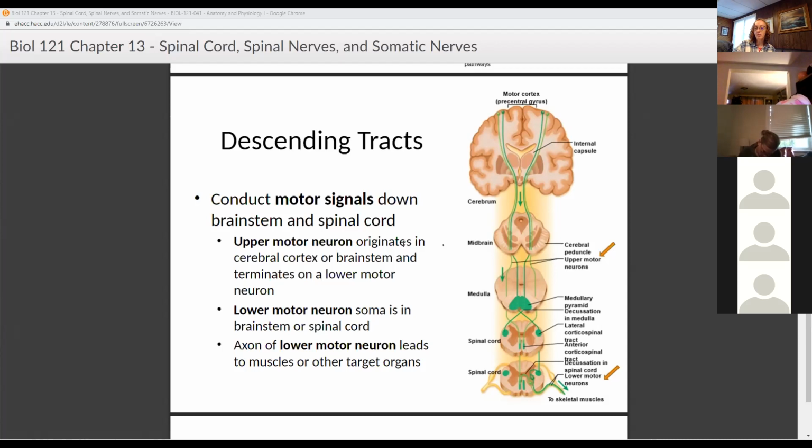The lower motor neurons are going to be in the brainstem or the spinal cord. So if you remember, the ascending tracts have three different orders: first order, second order, and third order. Here we're dealing with upper motor and lower motor neurons.